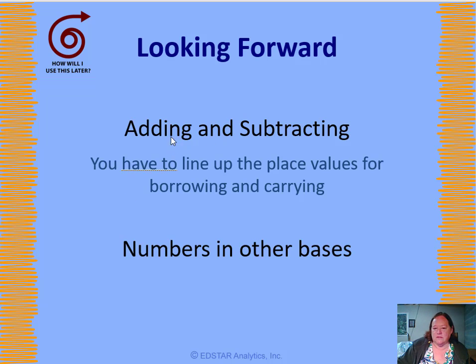One of the things that you're going to need to know place value for is adding and subtracting. Because when you have big numbers to add and subtract, you line up the place values. And if you know to line them up so the place values are all in line, it makes it so much easier than if you didn't understand that. And then you might want to go into computer science because you might want to be rich when you grow up.